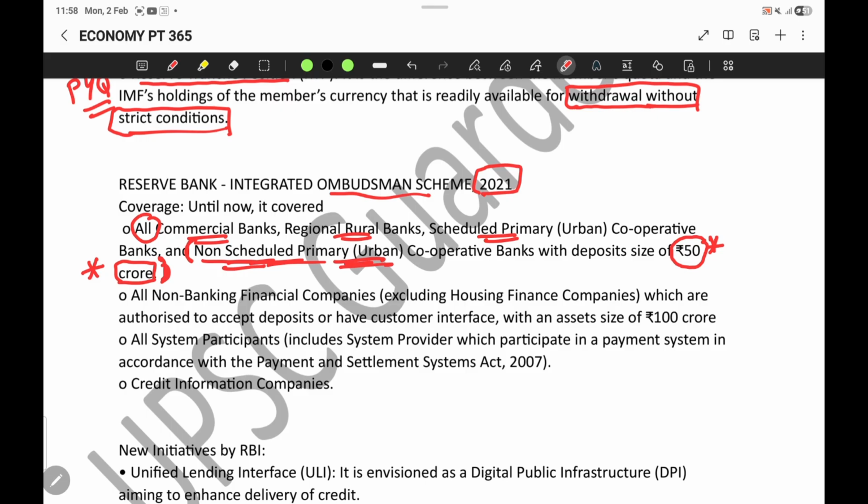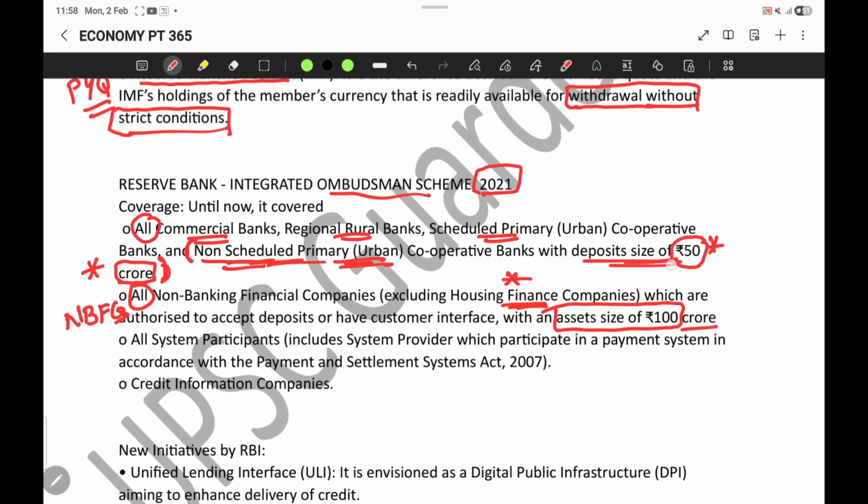Then all NBFCs, non-banking financial companies, they are speaking about now, NBFCs excluding housing finance. See, these things you have to remember. Housing finance companies are not handled by the RBI ombudsman. Those which are authorized to accept deposits and have customers with asset size of 100 crore.